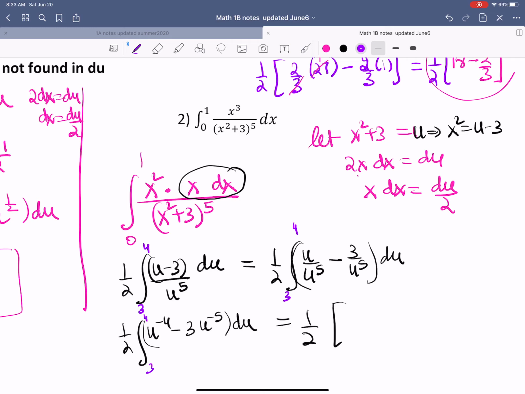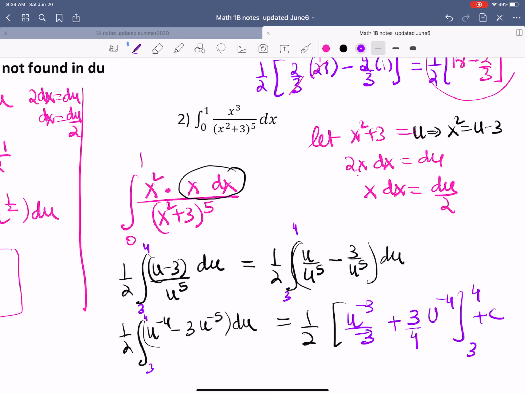Okay, u to the power negative 4 would be negative 4 plus 1 is negative 3, divided by negative 3, minus 3 times u to the power negative 5 plus 1. What's negative 5 plus 1? Negative 5 plus 1 is negative 4. And divide by negative 4, it would actually become a positive here. Add a c. And the bounds are from 3 to 4.